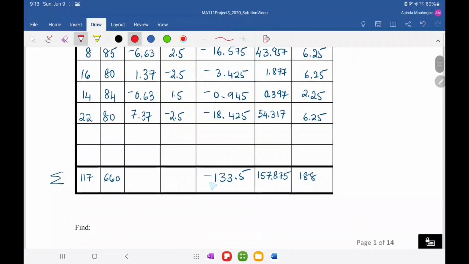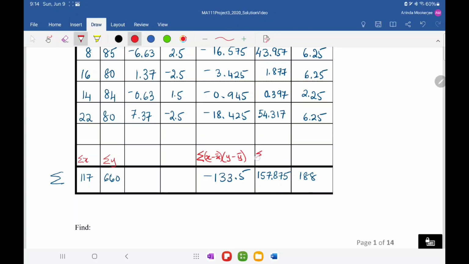So we sum up all these values, and once we have these values, what I'm going to do is, this represents our sigma x, this is our sigma y, then we have sigma x minus x bar times y minus y bar.